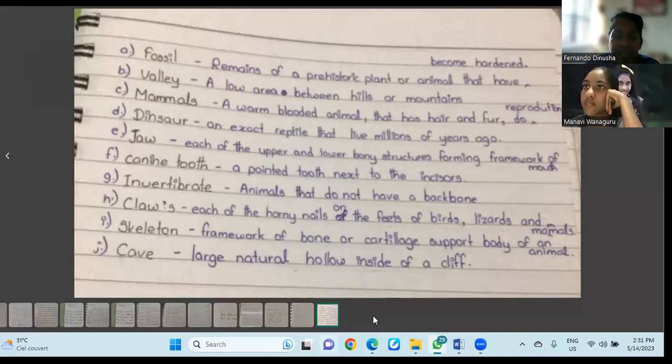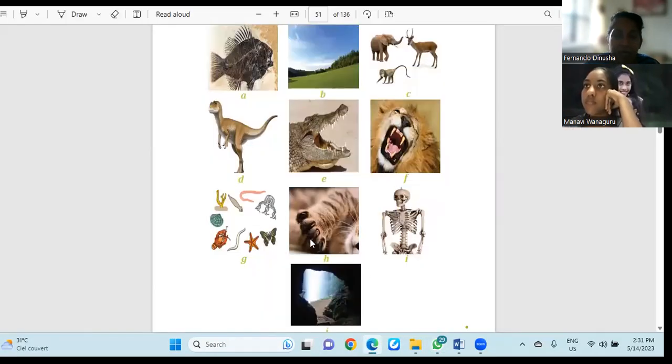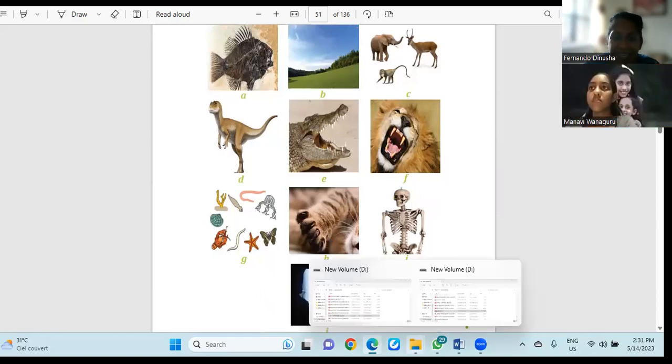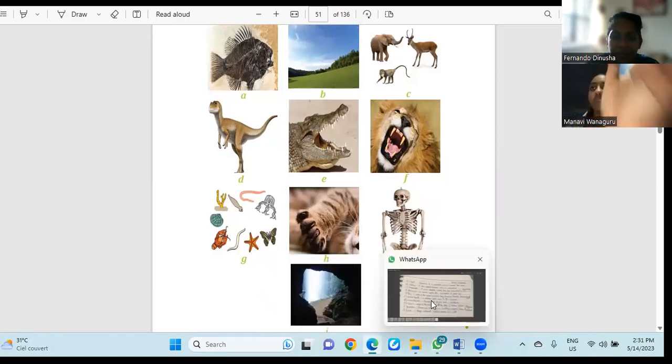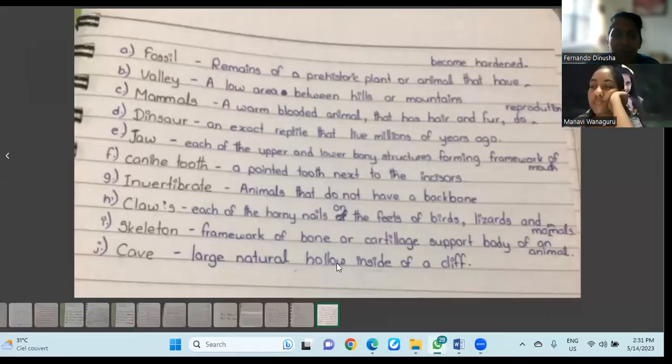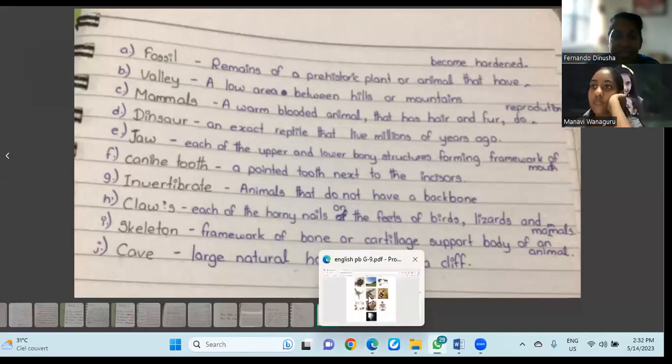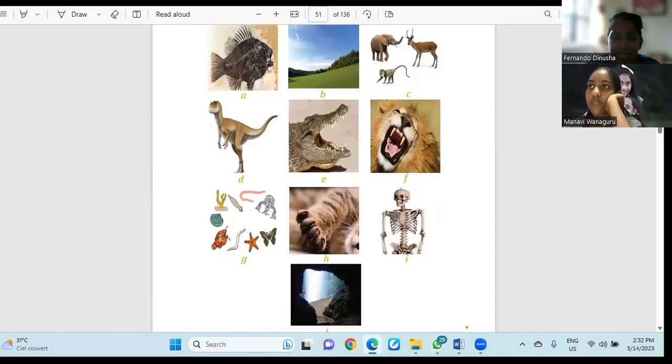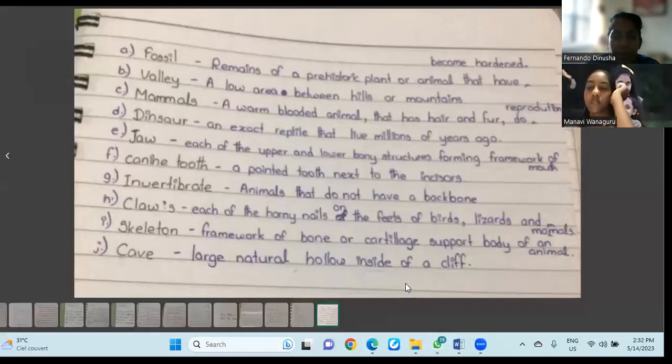Even an eagle, how fierce the claws it has. Eagle, right? Then the next one, skeleton: the framework of bone or cartilage supporting the body of an animal. Animal in the sense that we are also such kinds of animals. Cave, yes, it's a cave. A cave is a large natural hollow inside of a cliff. Inside of a cliff, right?